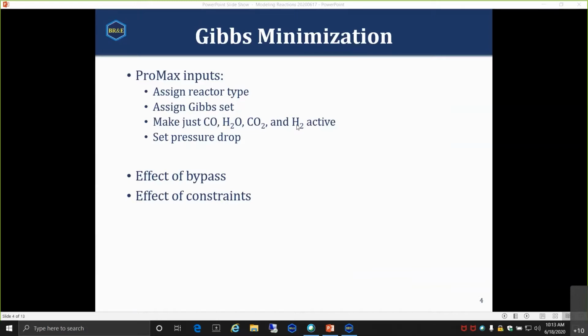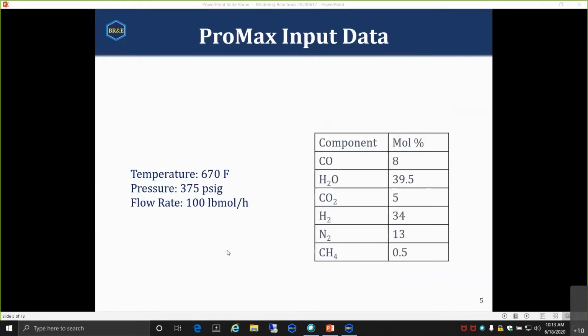You also need to set a pressure drop, and then I'll demonstrate what the effects of the bypass and various constraints are as we go through this, so that you can get an idea of what those do and how they work.